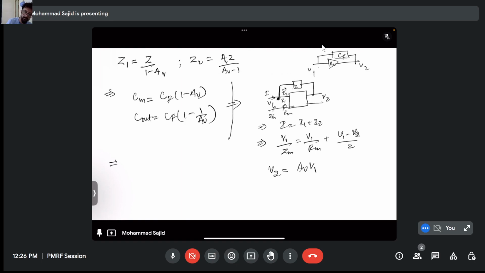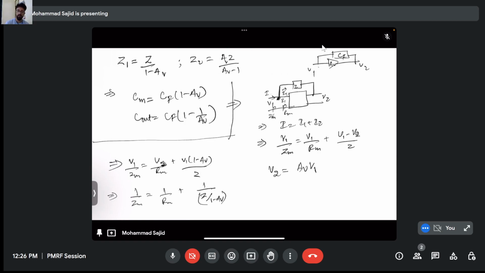So we can write it as V1 by Z in equals V1 by R in plus V1 times 1 minus AV by Z. Or in more simplified form, if I divide both sides by V1, I will get 1 by Z in is equal to 1 by R in plus 1 divided by Z Miller input.